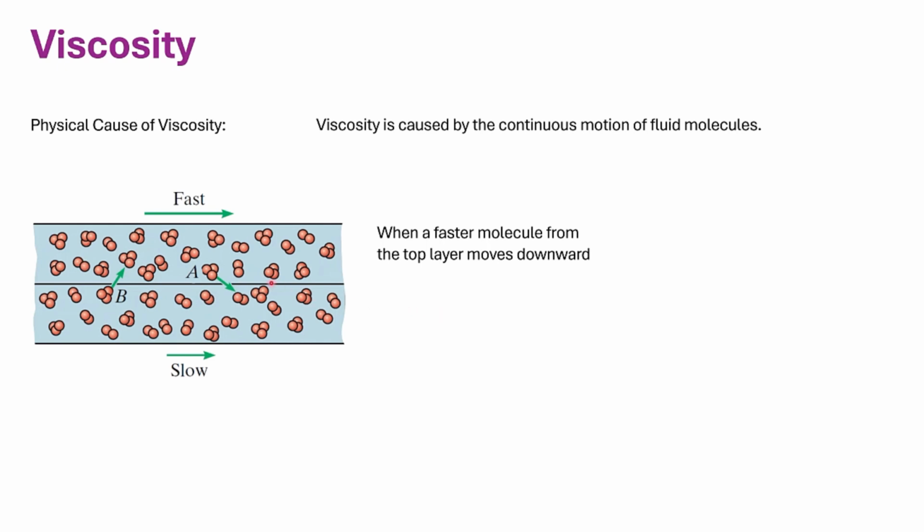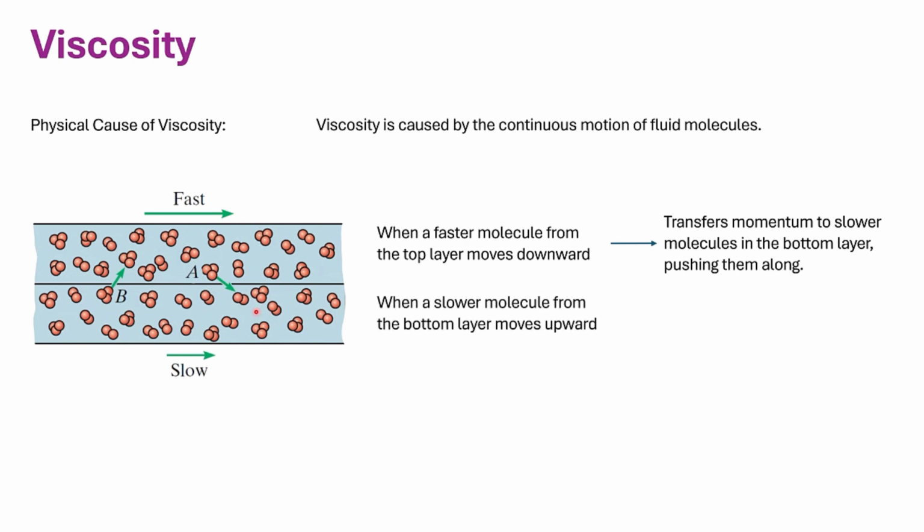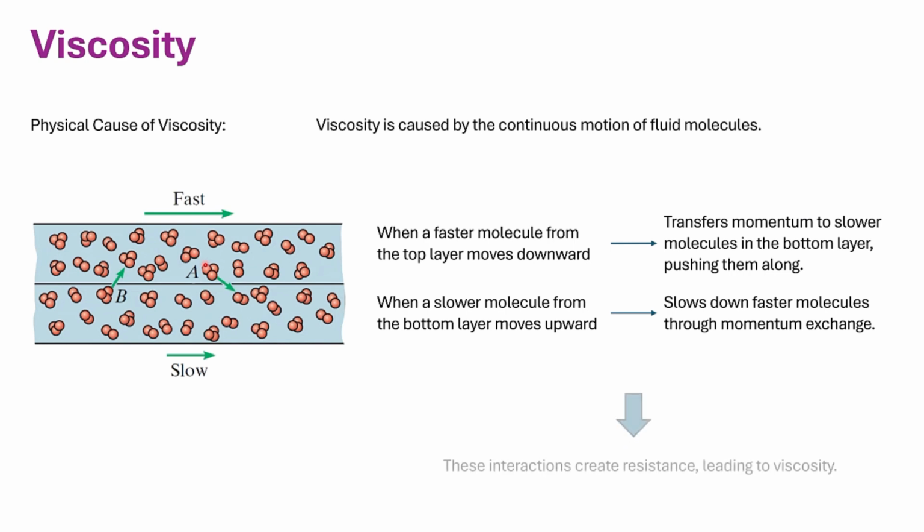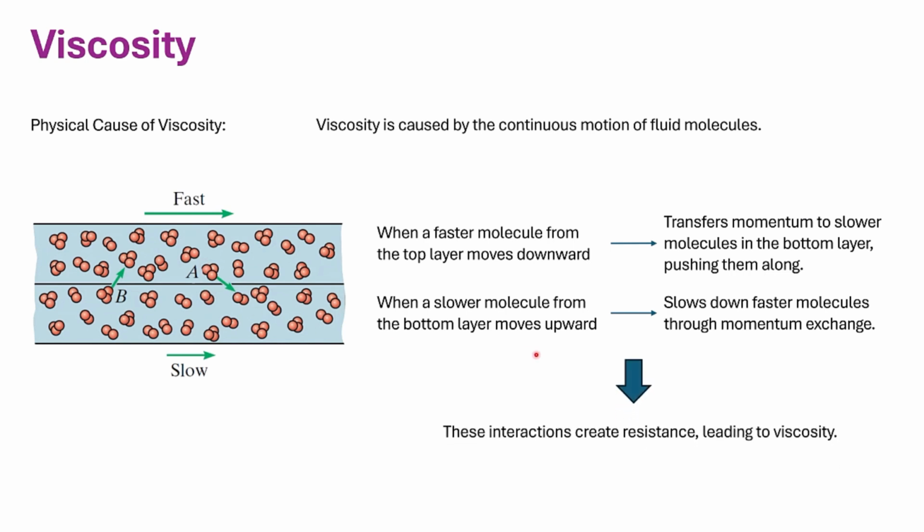When a faster molecule from the top layer moves downward, it transfers momentum to slower molecules in the bottom layer, pushing them along. And when a slower molecule from the bottom layer moves upward, it slows down faster molecules through momentum exchange. As a result, these interactions create resistance, leading to viscosity.